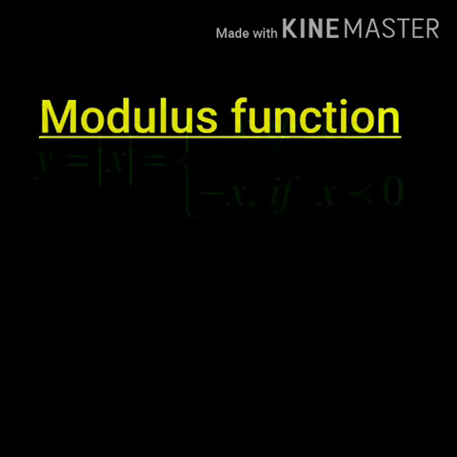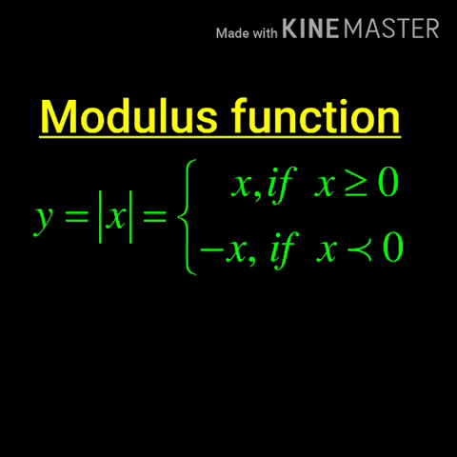This function is represented by y equal to modulus x. It has two values, y is equal to x for x greater than or equal to 0 and y equal to minus x for x less than 0.